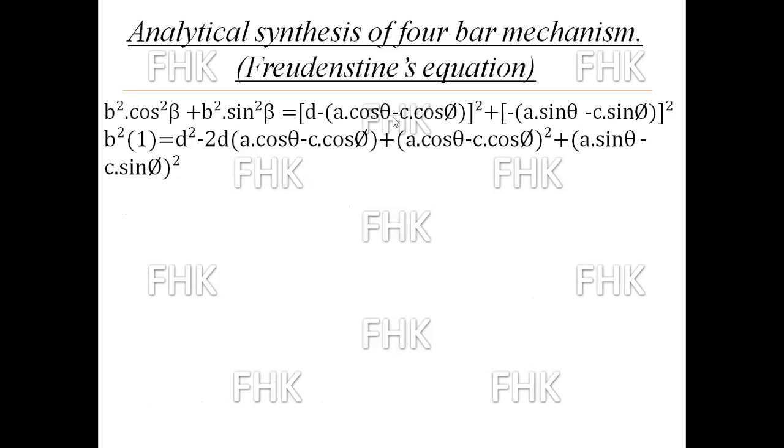So I am getting sin square theta plus cos square theta equal to 1. In sin square beta plus cos square beta, I will take b square as common, so b square into 1, since sin square beta plus cos square beta is equal to 1.